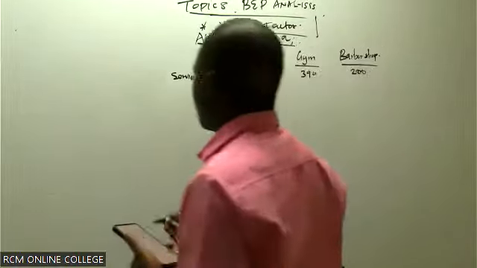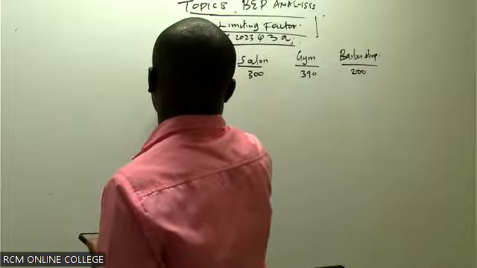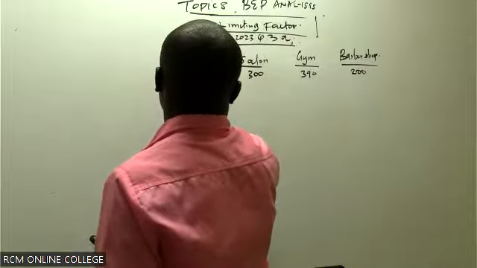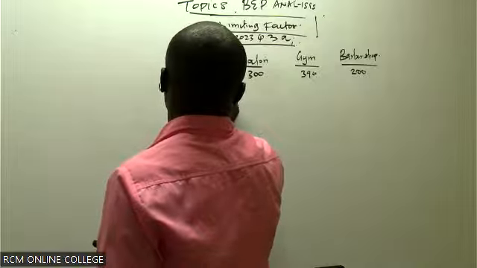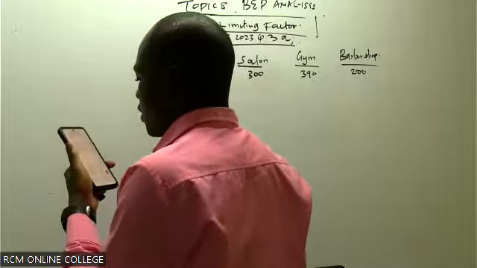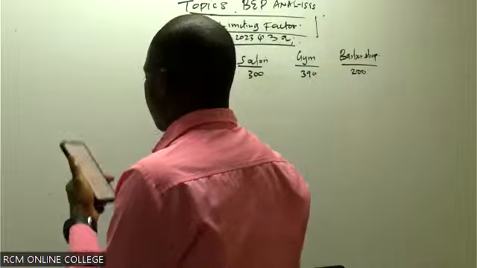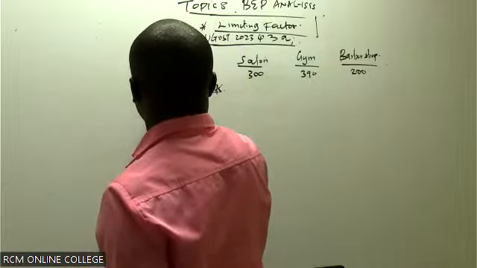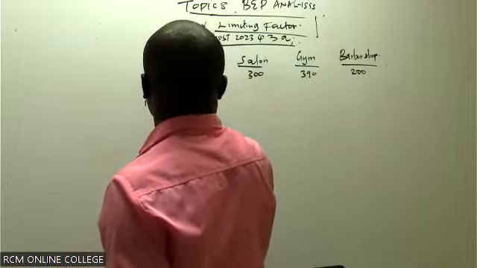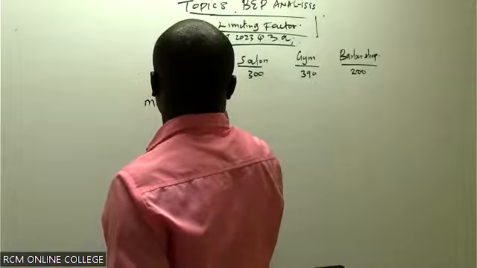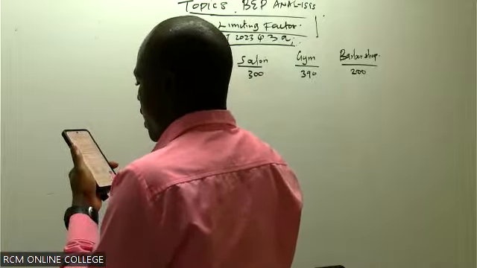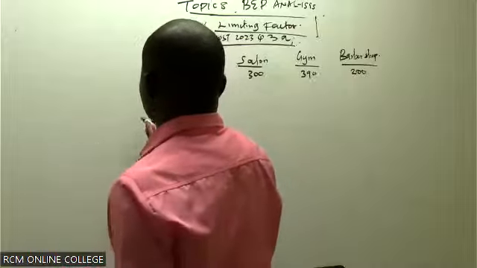Then we need to less variable costs. One of them is the material cost. Then we have variable labor cost.